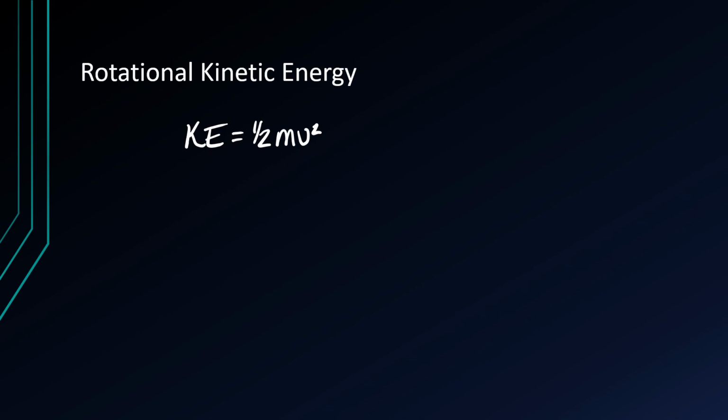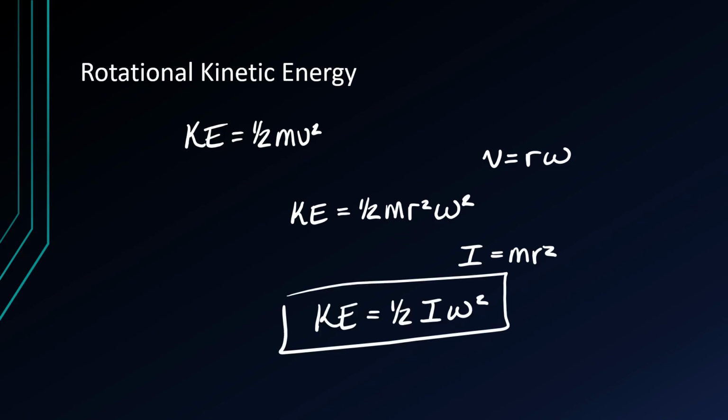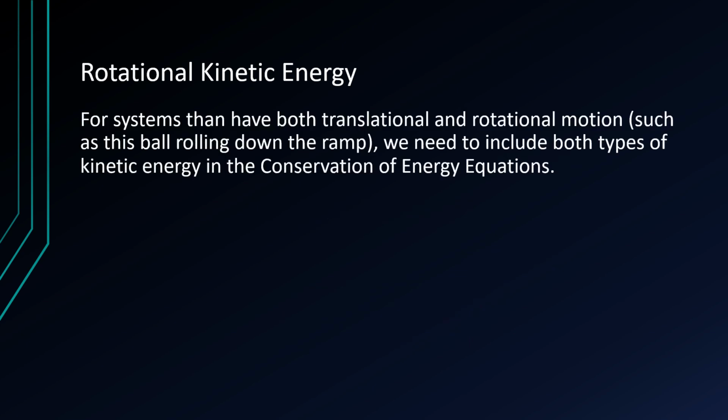I want to change my translational variables into rotational variables. I want to replace my v with r omega. So I have to square both of those, which gives me 1/2 mass radius squared omega squared. Remember, mr squared is my most basic definition of my moment of inertia. Kinetic energy of rotational motion is 1/2 I omega squared.